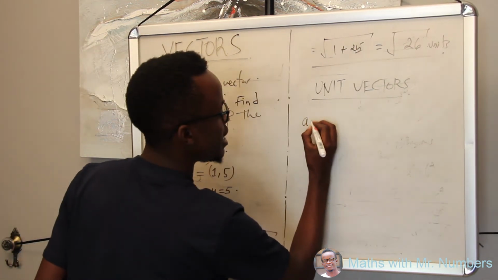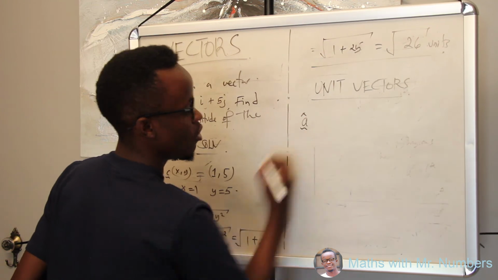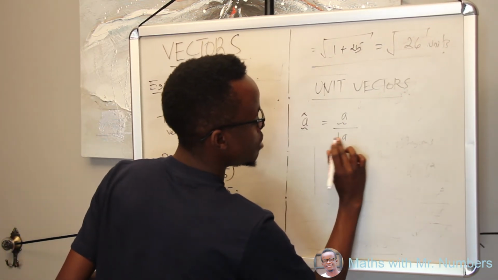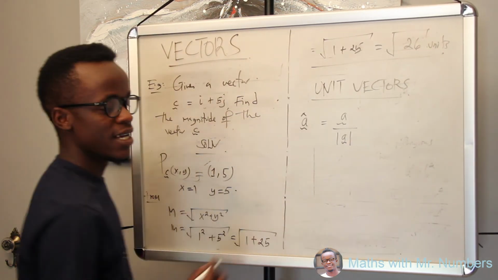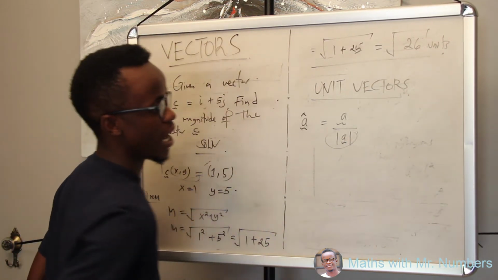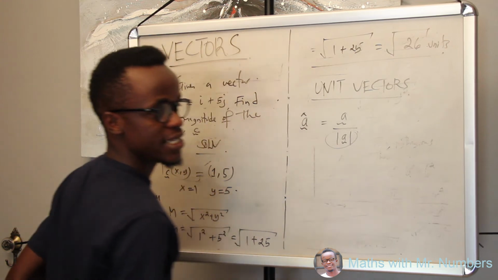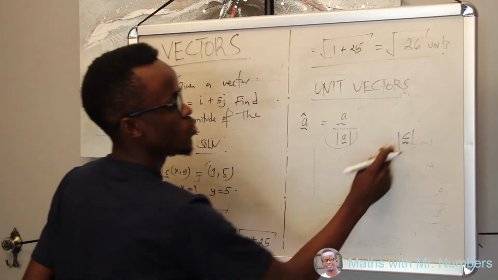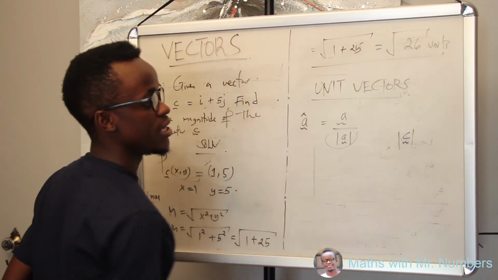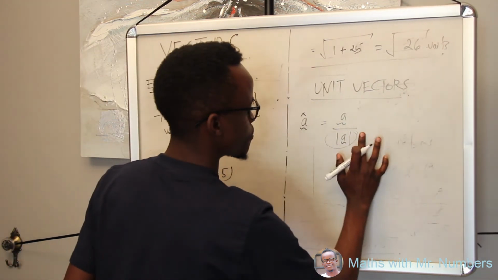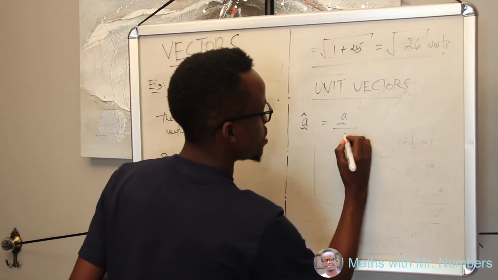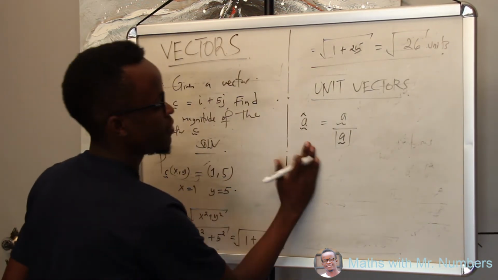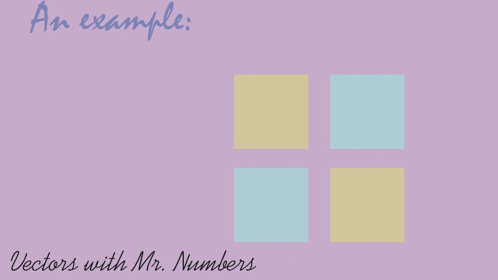That means the unit vector of vector A equals vector A divided by the magnitude of vector A. Sometimes magnitude is denoted in this kind of way. If you want to find the magnitude of vector C, you may write it like this: two absolute value lines with the vector within them. Therefore, the formula for the unit vector is: you take the vector and divide by the magnitude of that vector.